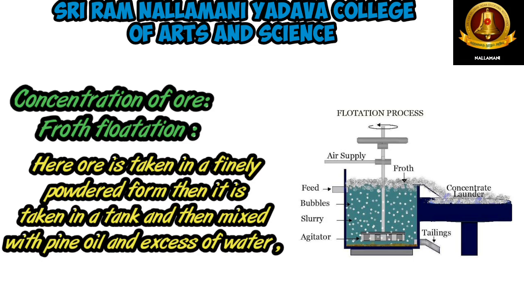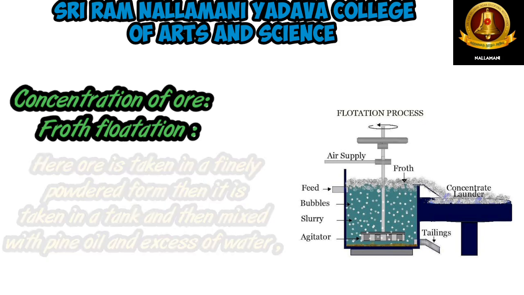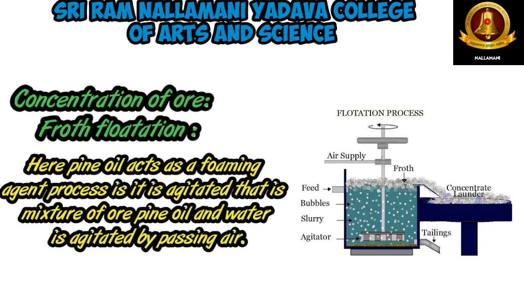Here, the ore is taken in a finely powdered form. Then it is taken in a tank and mixed with pine oil and water. Here, pine oil acts as a foaming agent.